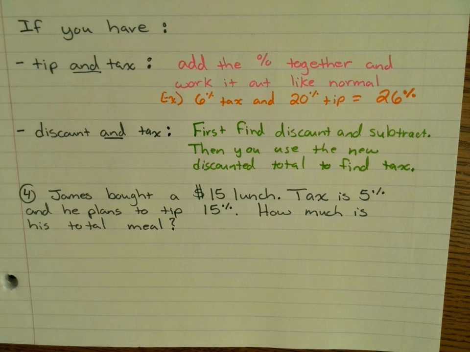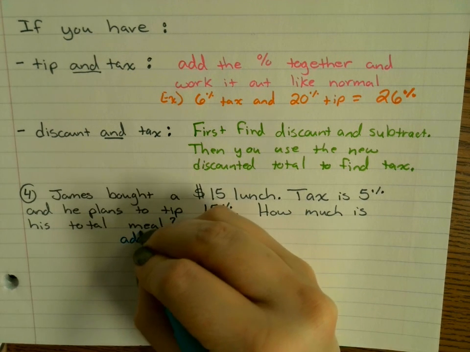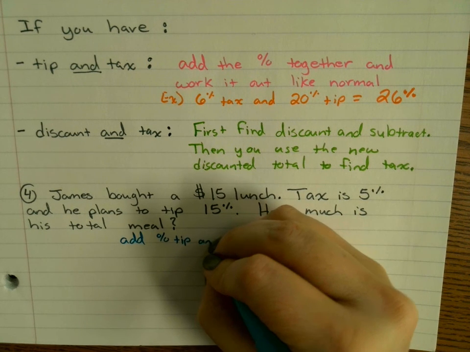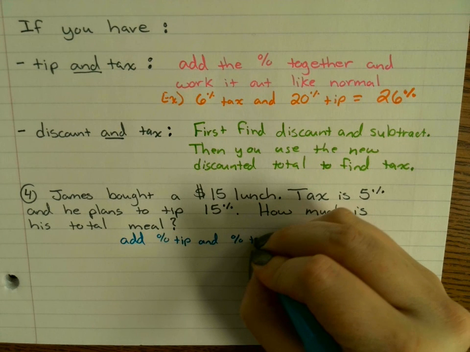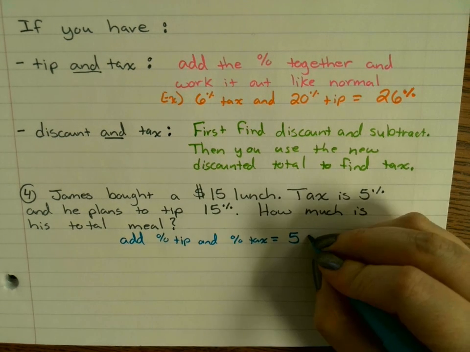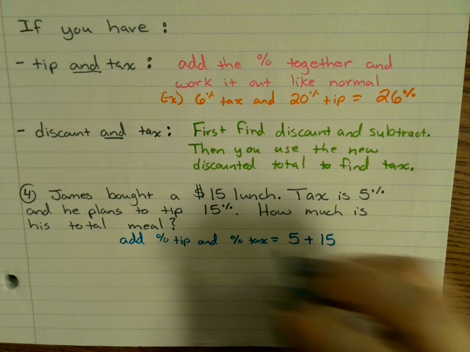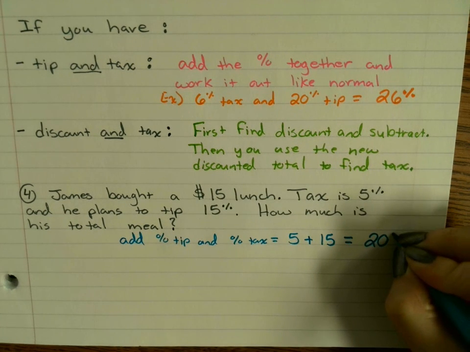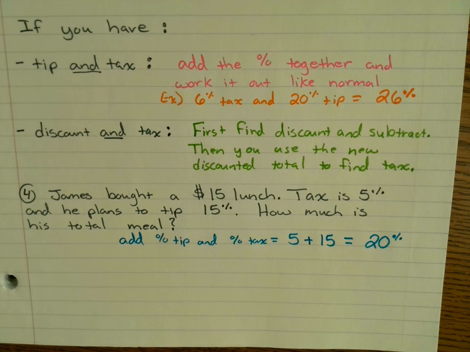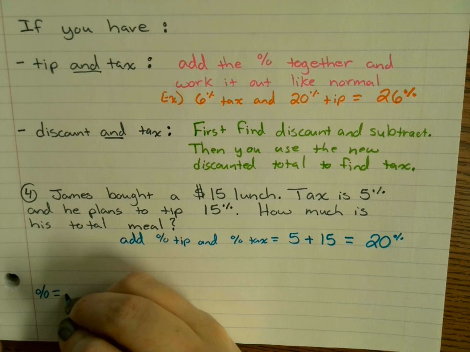So we are going to add the tip percent and your tax percent. That means we're going to take the tax percent of 5% and that 15% for the tip. We're going to add it together. Our percentage that we're going to use is 20%. So I'm going to go ahead and write percent is 20.